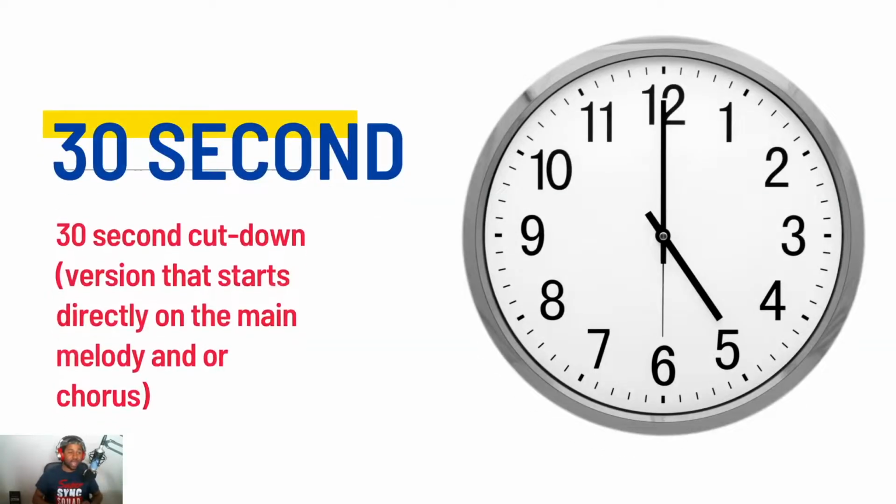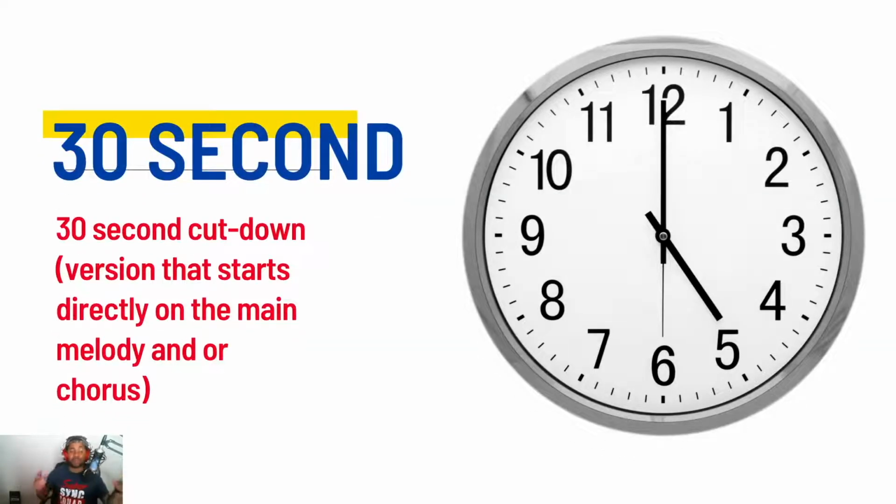The next version, the most popular in my opinion, that I've seen get used a lot when I supply them, are the 30-second versions. Basically, it's just a 30-second cut down of your track. It starts directly on the main melody and or the chorus.